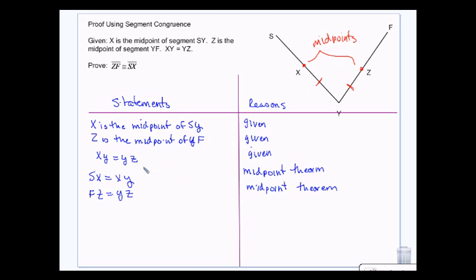Okay, so now I have all these pieces that are the same length. So this is the same length as this, and this is the same length as this, and these two are already the same length as each other. Right here, XY and YZ. And so if I take these out, can't I say that these are the same?